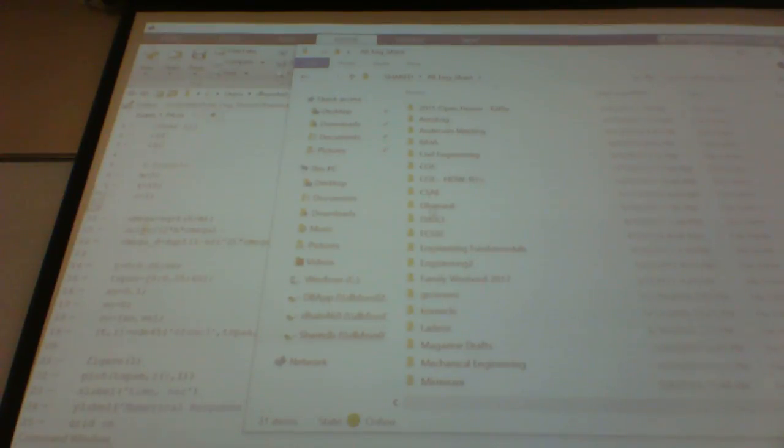But we might have to move this one somewhere else because we don't have the functions. ME400 folder, exam 1.